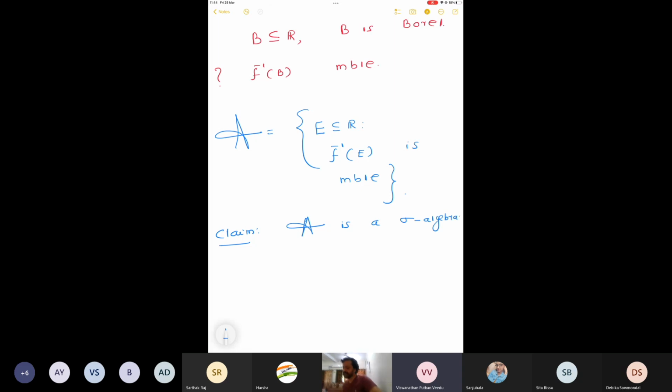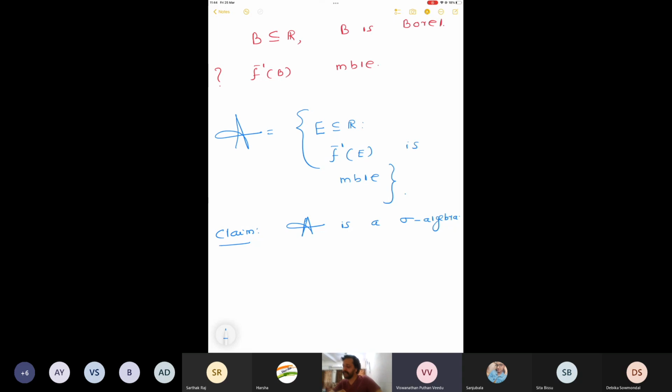For that, I have to see whether it is closed under countable union, closed under complementation, and so on. The null set is in A is clear: f inverse of the null set is the null set, and it is measurable.